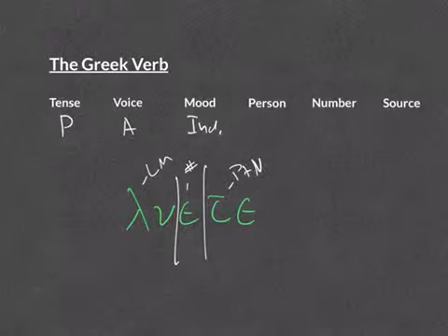Would other verbs not have the omicron and epsilon? Yeah, they will not have that. It's usually only the men and te that are going to have these. The men, because it has a mu, is going to have the omicron, and the te, because of the tau, is going to have the epsilon. Not all verbs are going to have the omicron and epsilon, but this is the primary way you're going to see it.